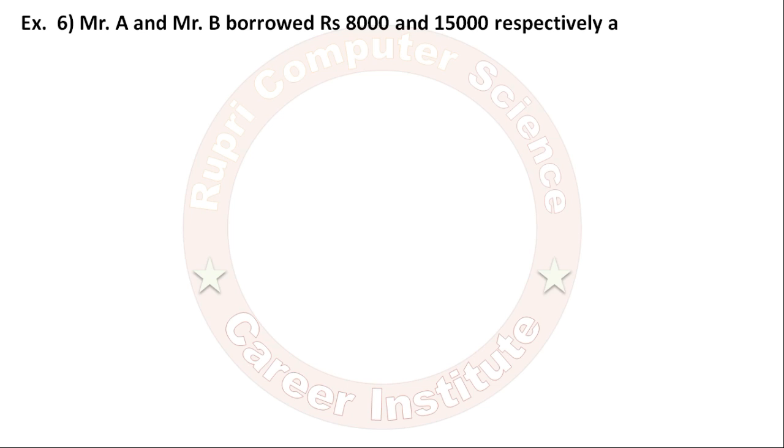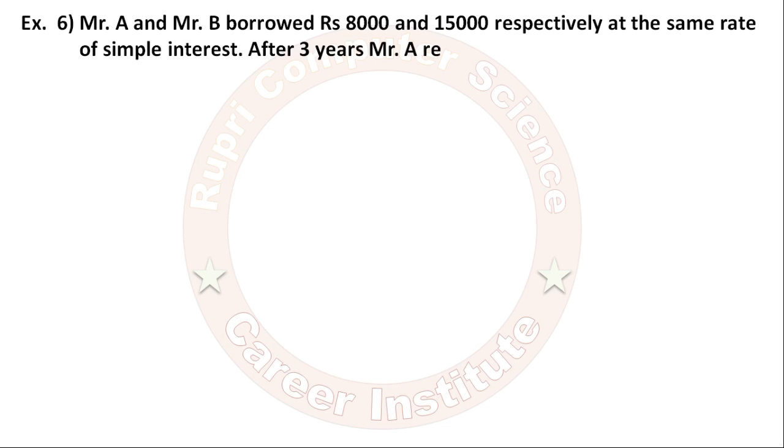Example 6. Mr. A and Mr. B borrowed rupees 8,000 and 15,000 respectively at the same rate of simple interest.